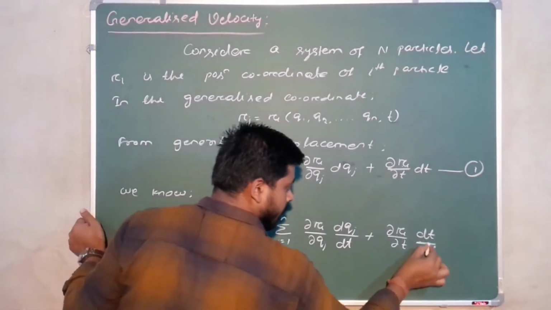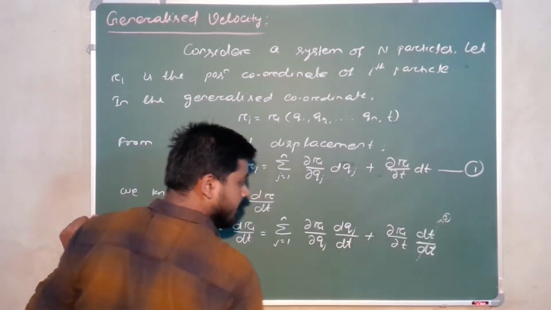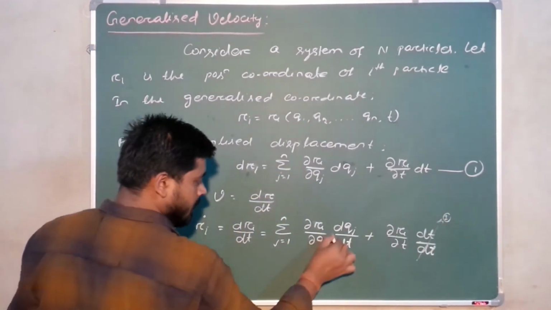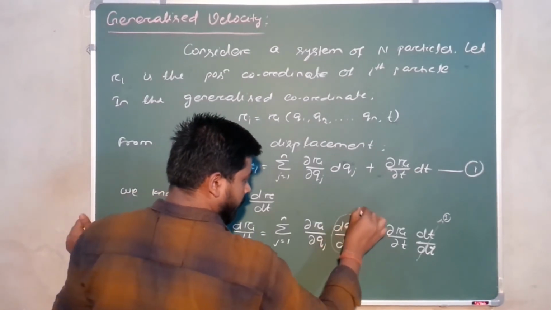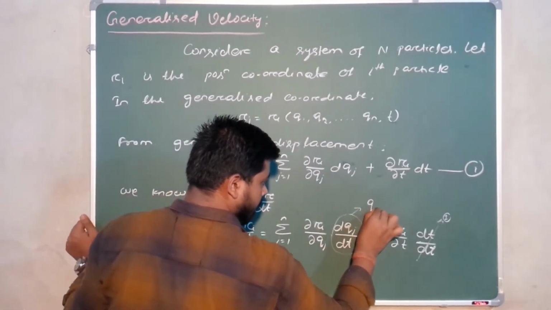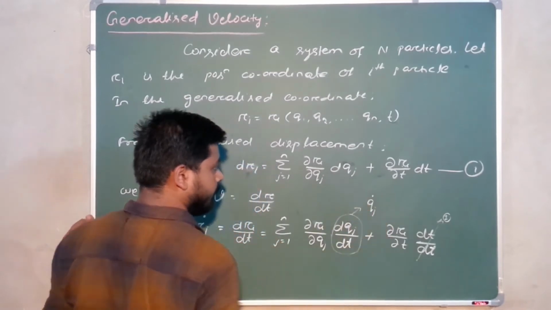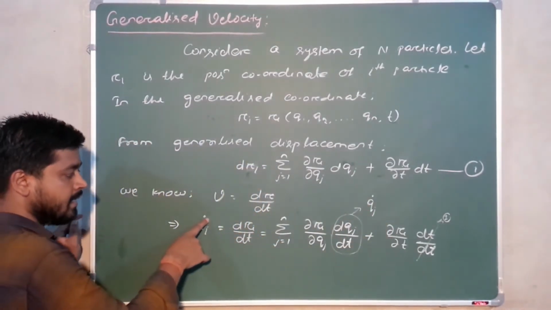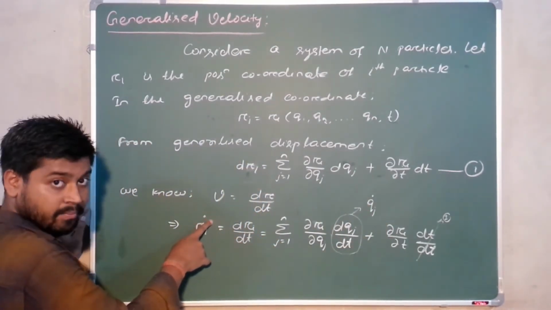This dt by dt becomes 1, and dQj by dt we can write as Qj dot. Dot indicates change in time.